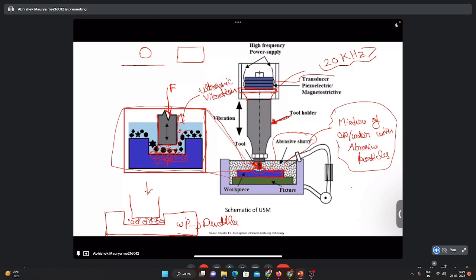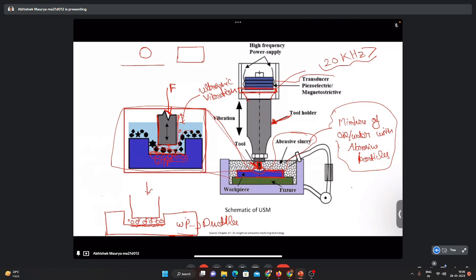If workpiece material will not get fractured, then it will not get removed. So machining will not happen. Rather, localized plastic deformation will happen on the workpiece, and no machining will take place. Therefore, for ultrasonic machining, we use it for brittle materials.